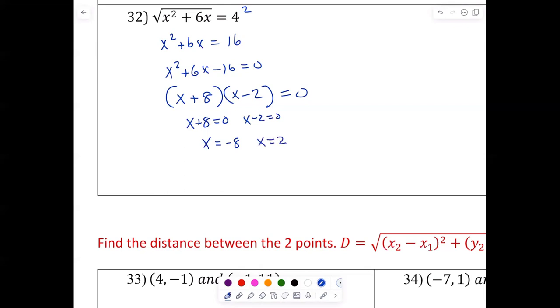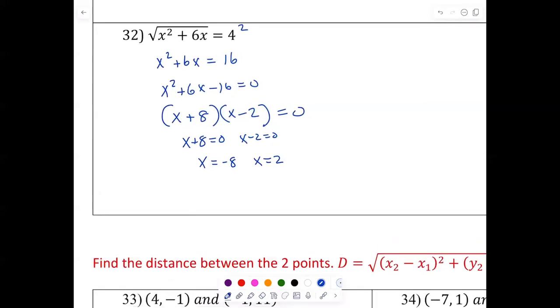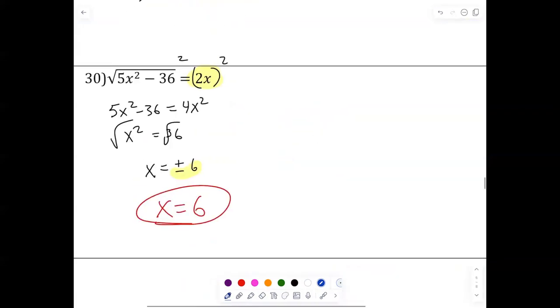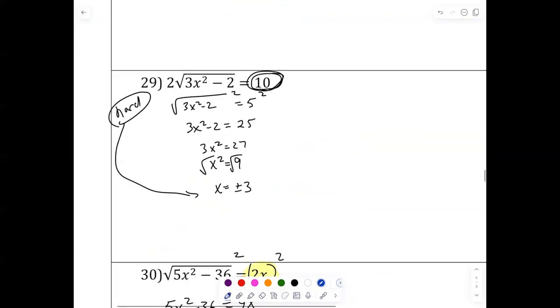Is there an extraneous solution here? No. Number 29 was also a quadratic. Do you know why? There's no x. It's just x squared, kiddo. I should have said that also.